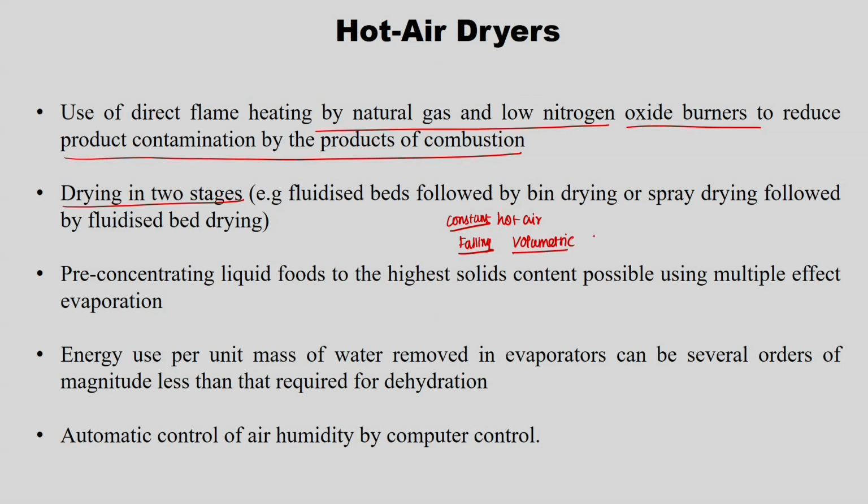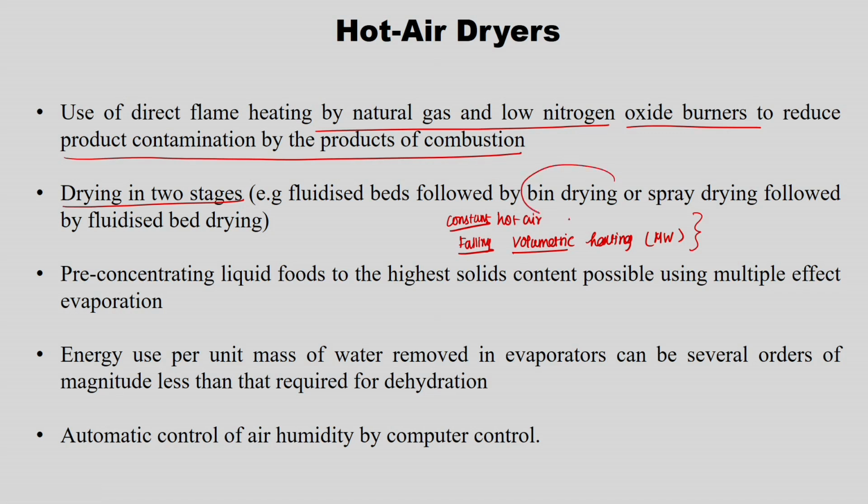So, in that case we can use volumetric heating, maybe microwave heating, so that the drying can be efficient, right. So, that is what is meant by drying in two stages: hot air in the constant rate period, and volumetric heating in the falling rate period. It is also based on the heating medium used and the amount of moisture removal.